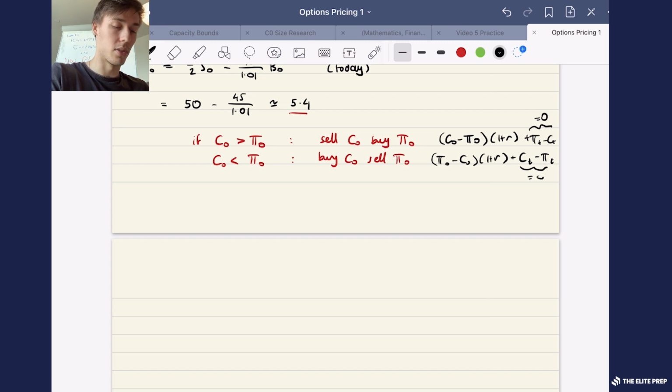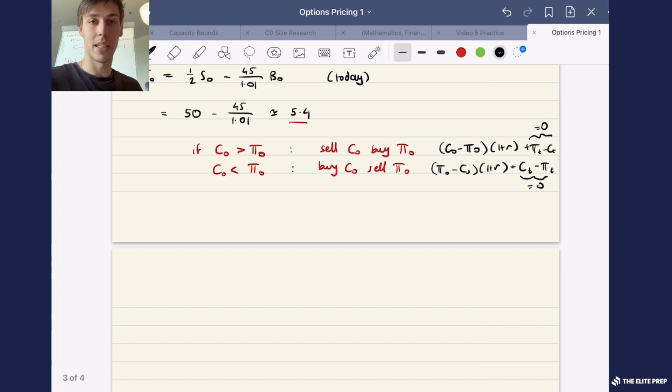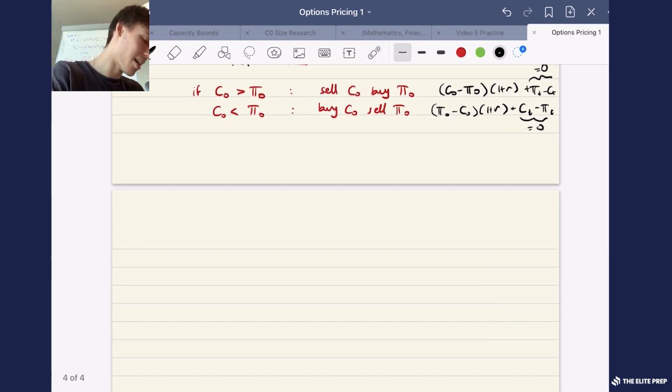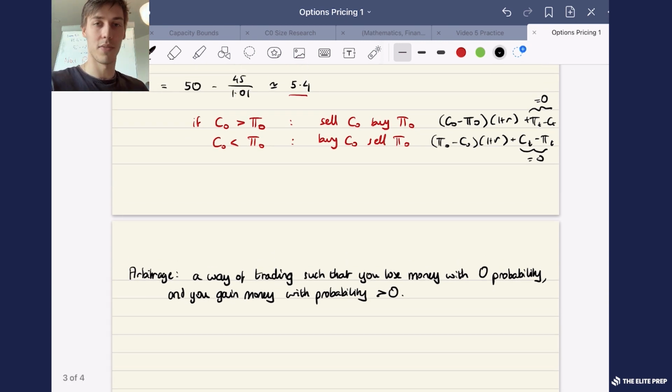And that is also equal to 0 because CT is equal to pi t. And this all boils down to, in essence, the fact that we have found a price where there is no arbitrage. So that's the final definition of today. We have priced in such a way that there is no arbitrage. And that is the upshot of this.